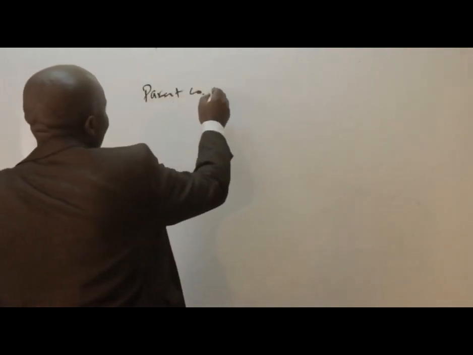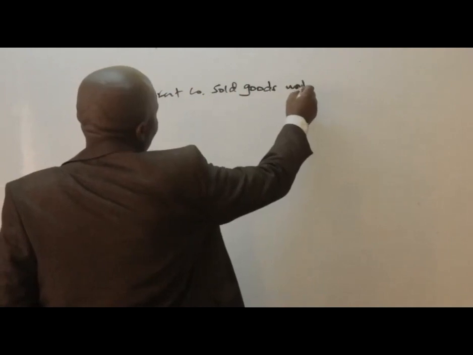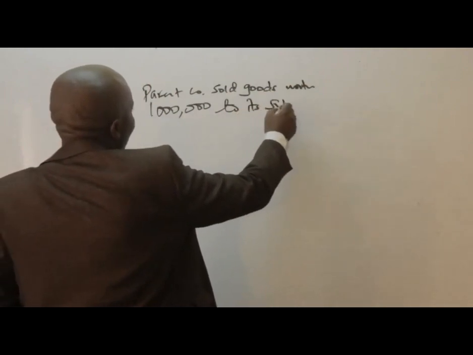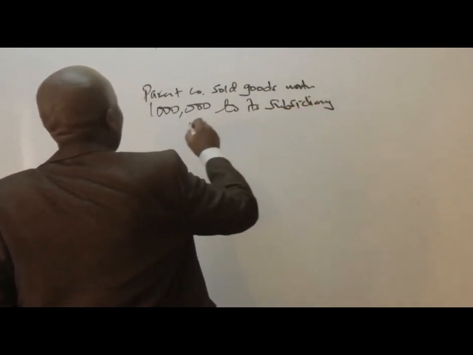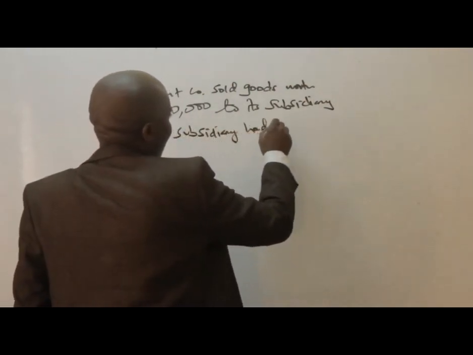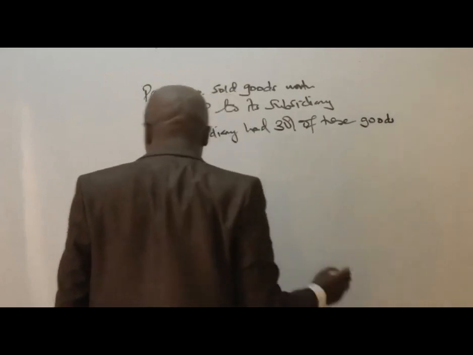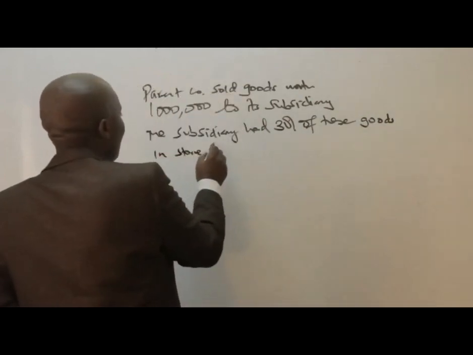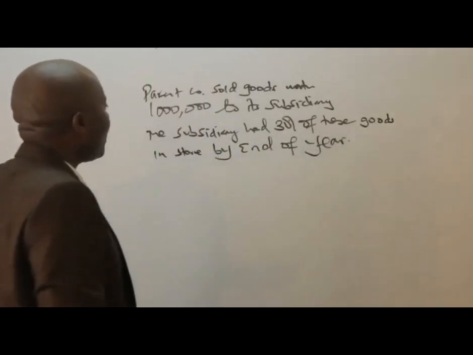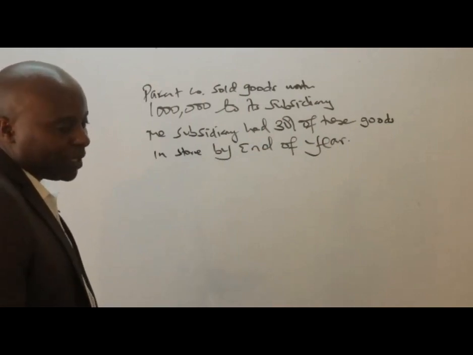A parent company sold goods worth, again, 1 million to its subsidiary. The subsidiary had 30% of these goods in store by the end of the year.